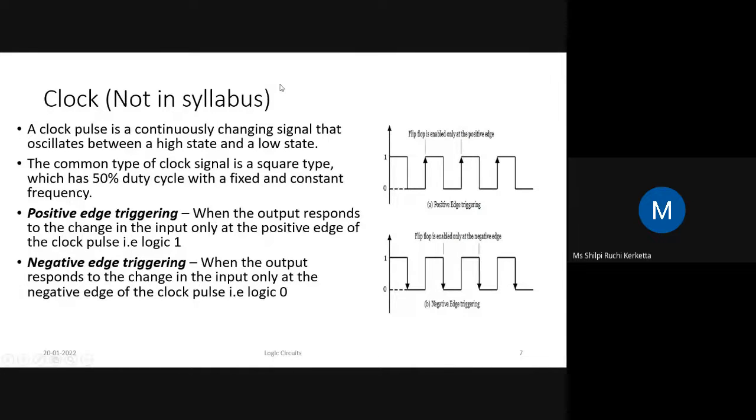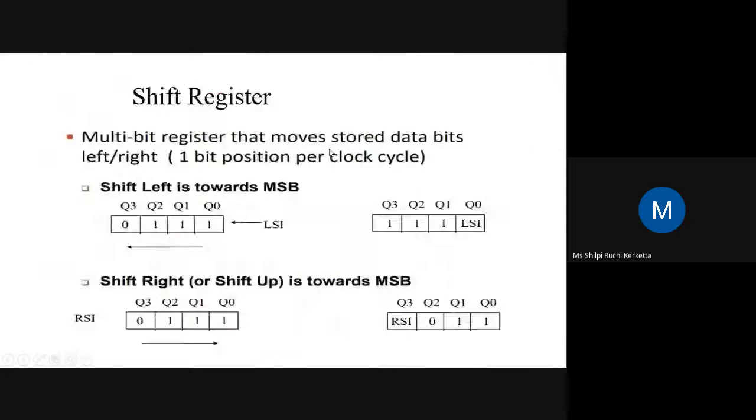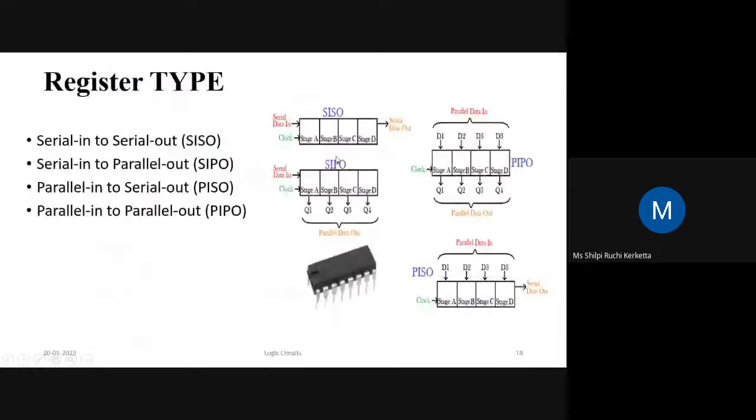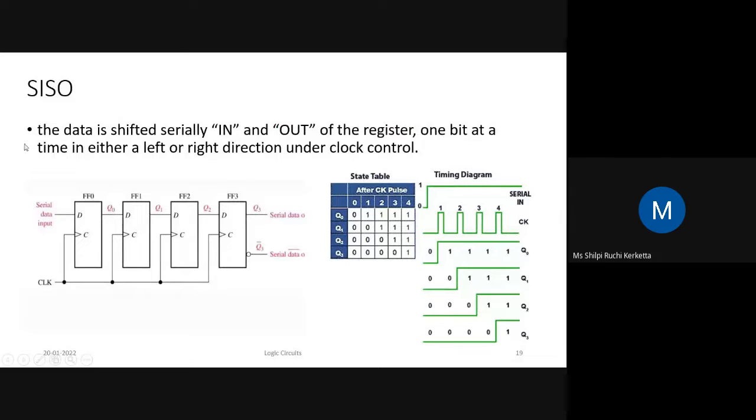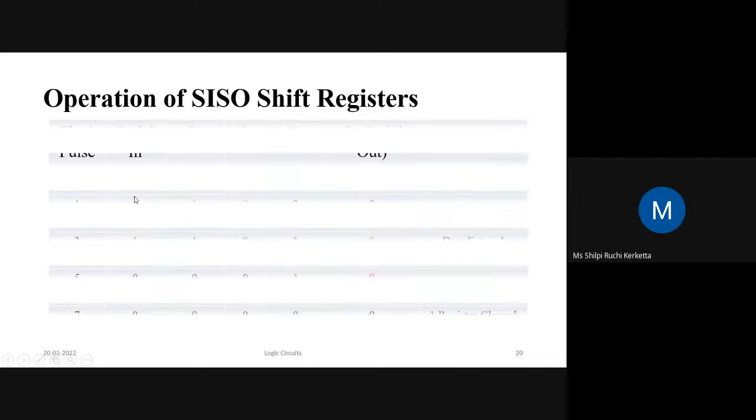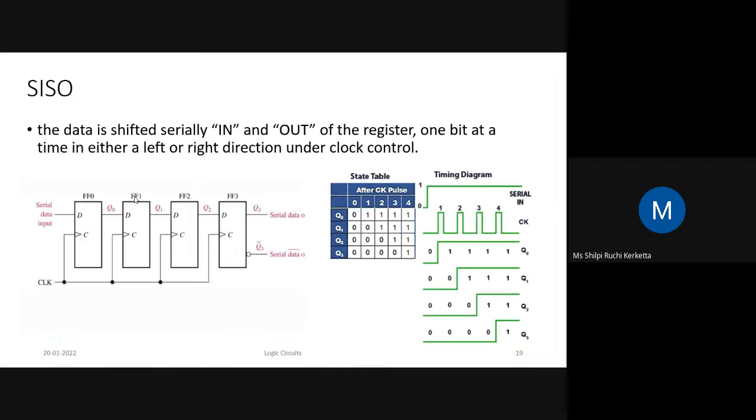And for shift registers, I gave you a question. There is a change in the question, so this SISO is coming. So read this SISO part, shift in and shift out, and complete the assignments. Only SISO is left, so I have given it in the PPT.